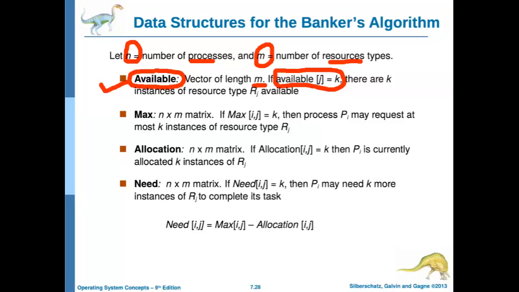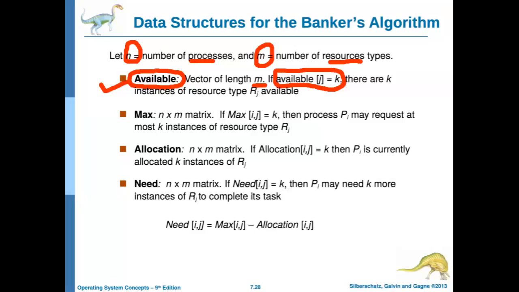Assume that it is the jth resource, say a printer, and 5 printers are totally available, out of which maybe 2 are allocated to a few processes and 3 are remaining. Then it will be written like available of j is equal to, for example, 3. The meaning of this is there are k instances of resource type Rj right now available.